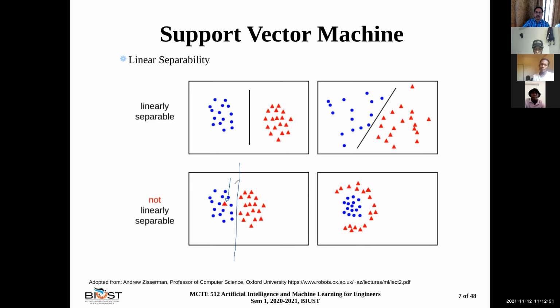In some cases we make sacrifices, as long as the rest of them are correctly classified. But in this case here, there's no way we can classify them linearly. So we classify them non-linearly, around the blue lines. So how do we do this?